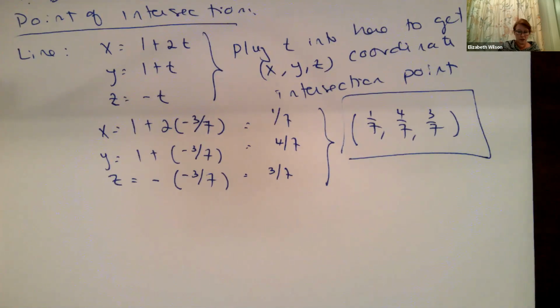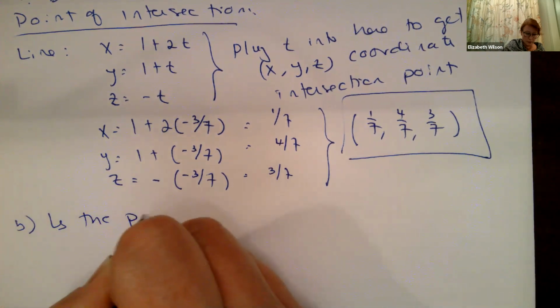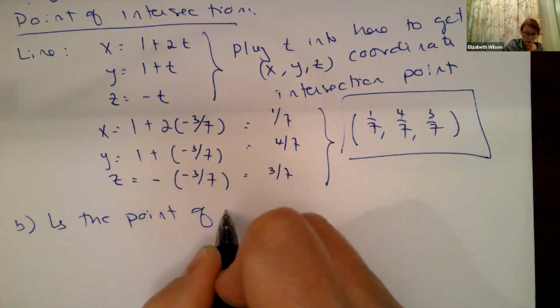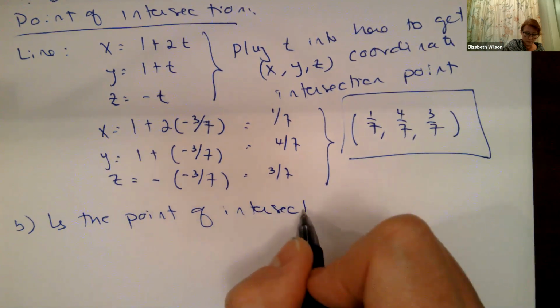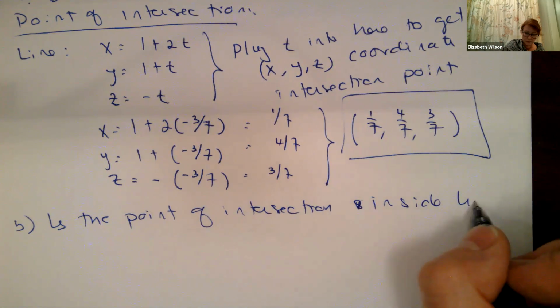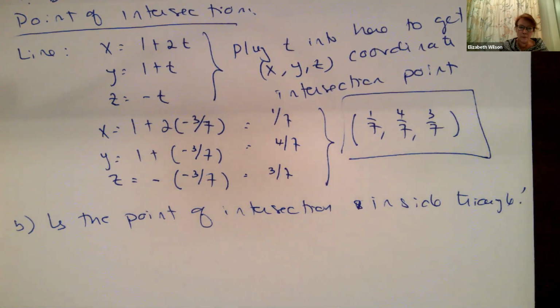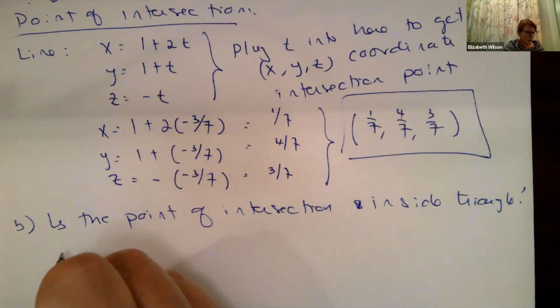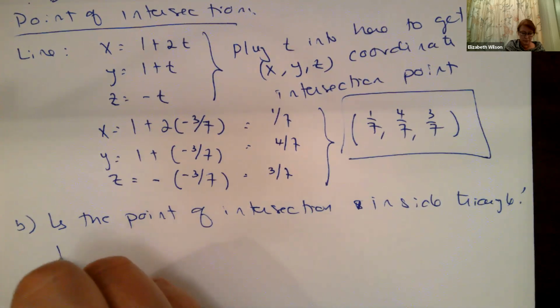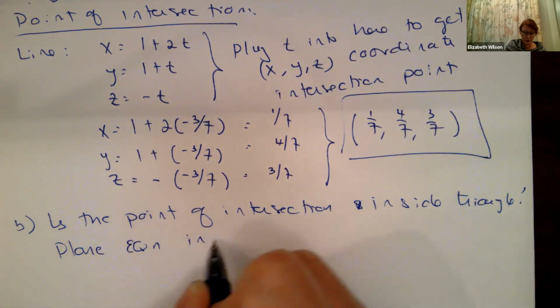So my next question, this is part B, is the point of intersection inside the triangle? Okay, so remember what that means is I have to think of the plane equation in vector form.